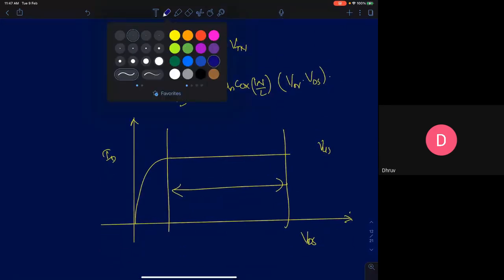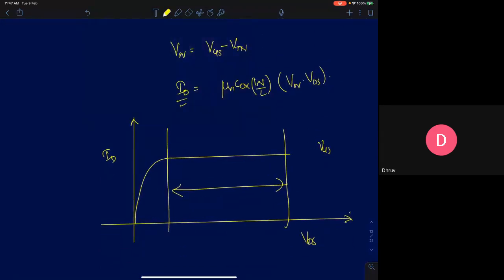If you look at the output characteristics, we said the drain current is independent of the drain to source voltage and remains constant. In this region, we said the slope, the output resistance R naught, which is the inverse of dou ID by dou VDS, is infinity.